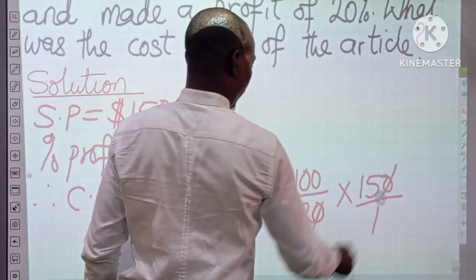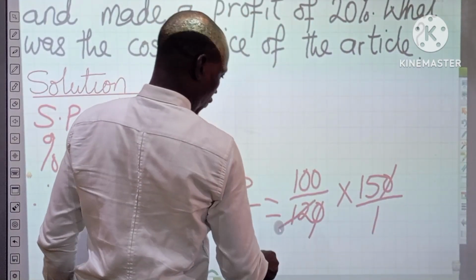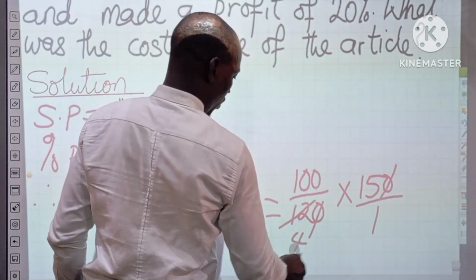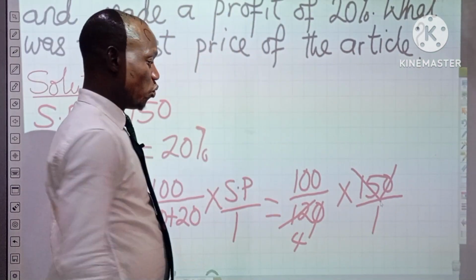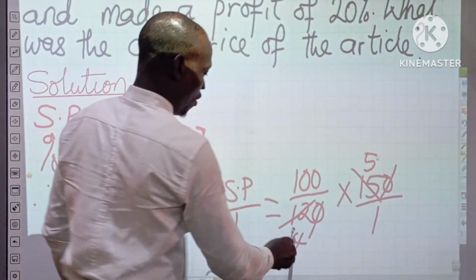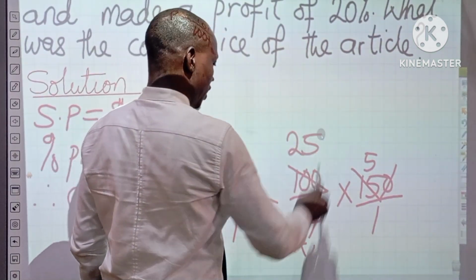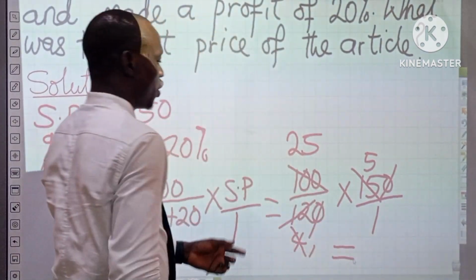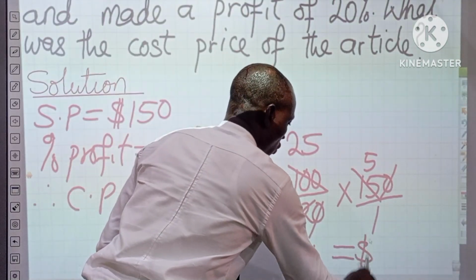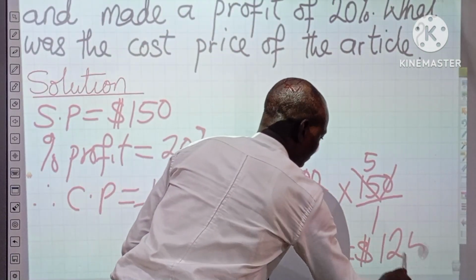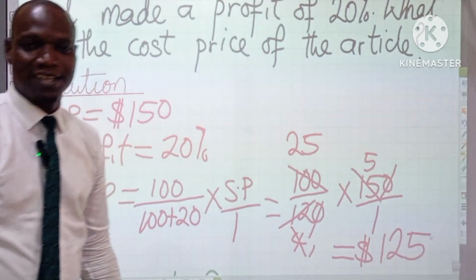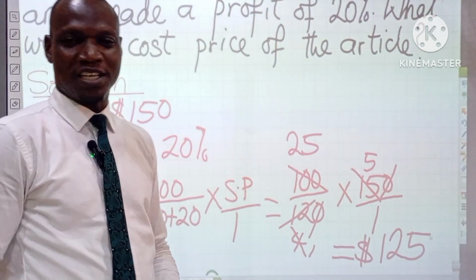This can take this off. 3 here gives us 4, while 3 into 15 will give us what? 5. 4 here 1. 4 into 100 will give us 25. Now, 25 times 5 will give us $125. That is the cost price of the good.